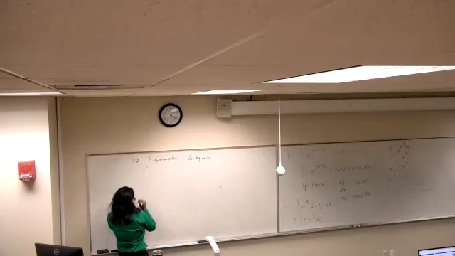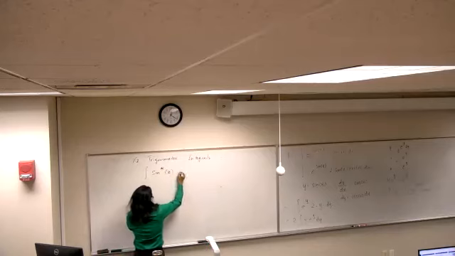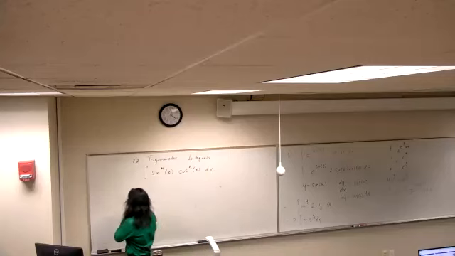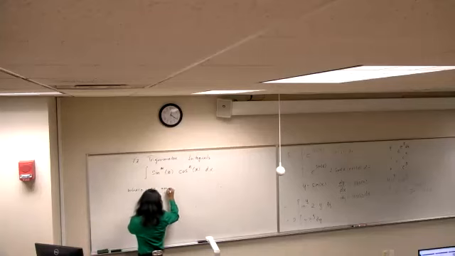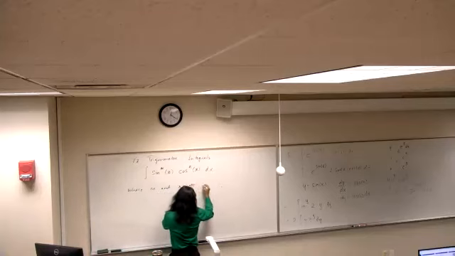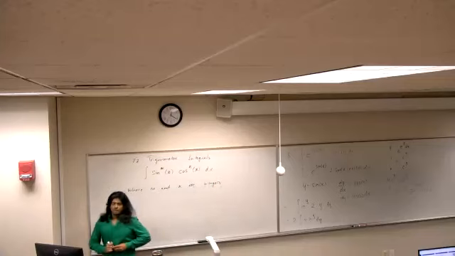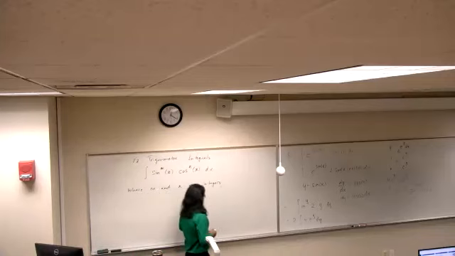What if we have a scenario where we have sine to the m of x, cosine to the n of x dx, and m and n are integers.